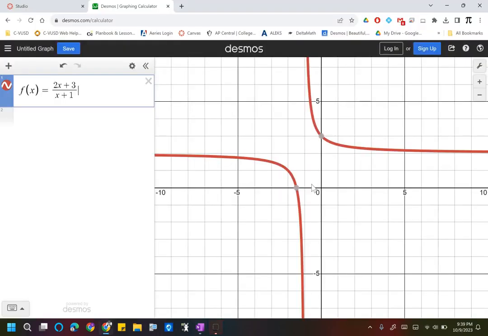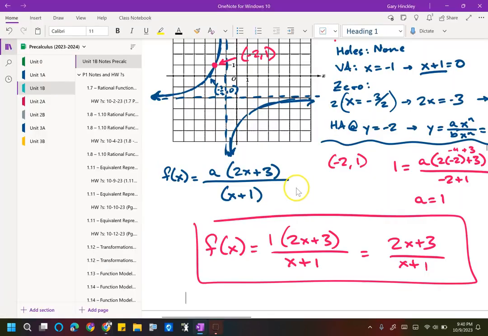This is a good thing, the reason why we want to check. Looking at the graph, obviously it doesn't match with what we have there, and that's because I picked the wrong value. I used negative 1.5, but I was counting off from the vertical asymptote going 1.5, when really that is 2.5. So I need to make some adjustments.